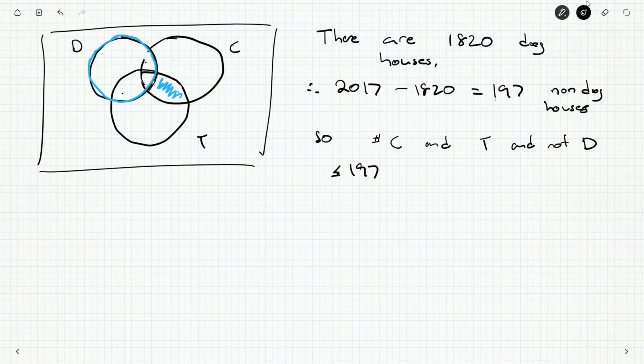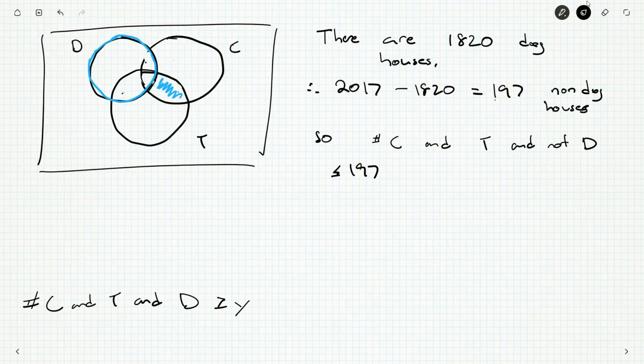Okay, so we want to talk about the number of cat and turtle and dog houses. We want that to be at a minimum. We want the minimum of that. So ultimately we want to say number of cat and turtle and dog. Okay. So these two values added up are exactly, so is at least y.